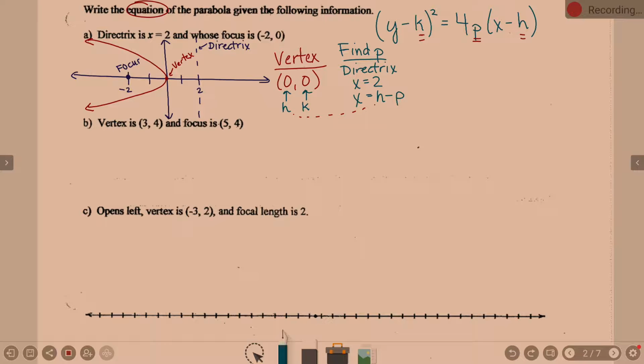If x is 2, because this is 2, right? H minus p has to equal 2. But we know h is 0, right? You want to see the connection that if h is 0, then 0 minus p equals 2. If I then divide that negative over, you're going to have that p is negative 2.